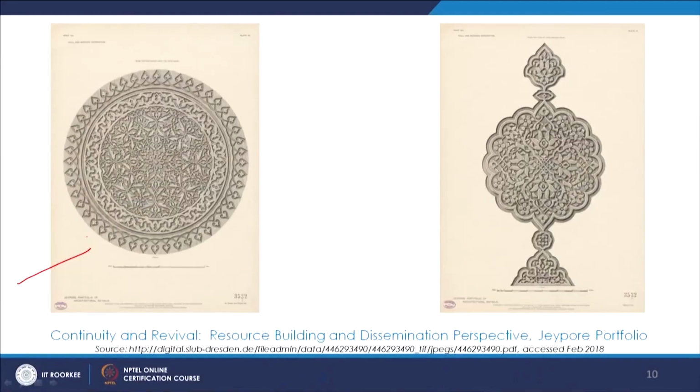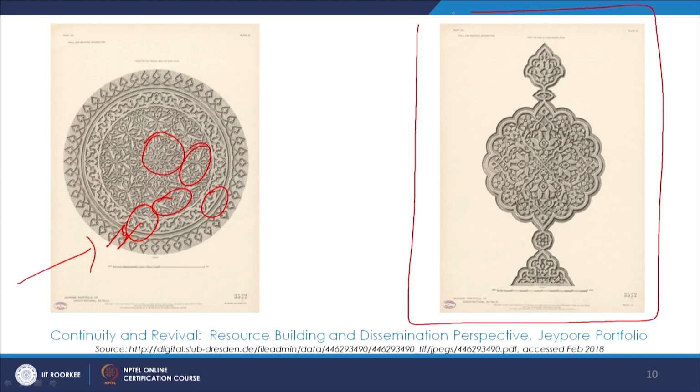So some more details, very intricate details, here, and then further intricate details. Again here we see another plate. So this whole part is dedicated to wall decoration and surface decoration, and related to that there are different elements which have been documented and which have been put forth in front of us through drawings.